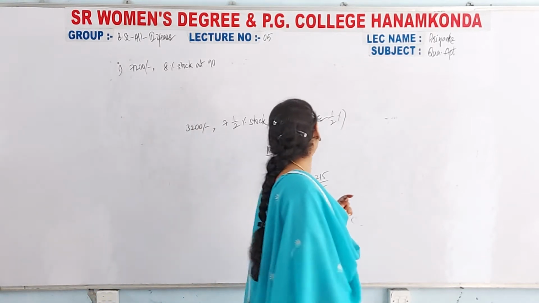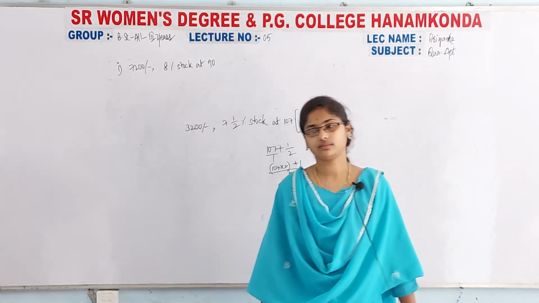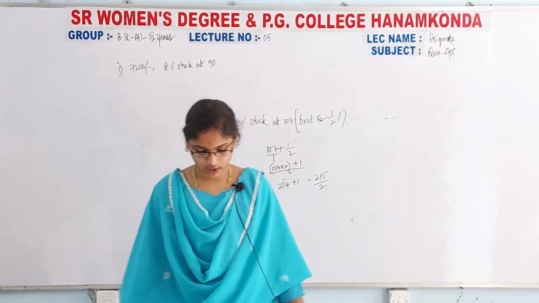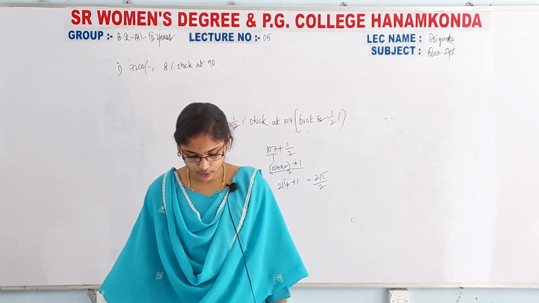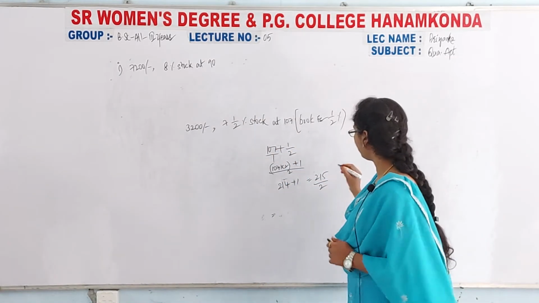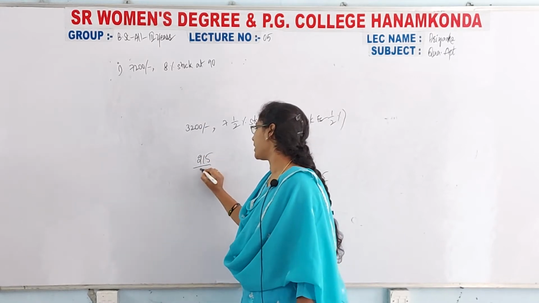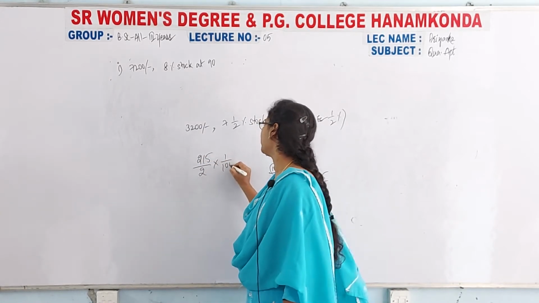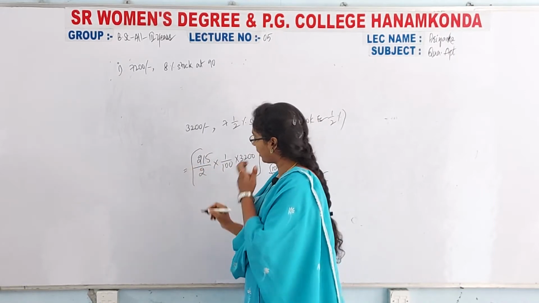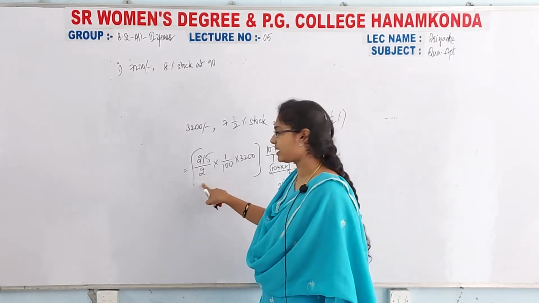Now write down the cash required to purchase 3,200 rupees of stock is equal to, generally here we will get that percentage. So 215 by 2 into 1 by 100 into 3,200. For the previous one we took it by 100, so actually here we will get by 100.